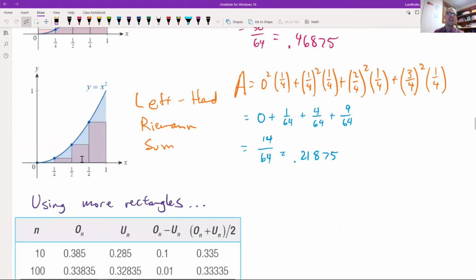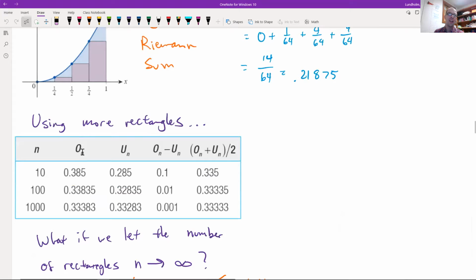But this is the right-hand Riemann sum. And this one's the left hand Riemann sum. That was the underestimate. And then this is the difference between the two estimates.